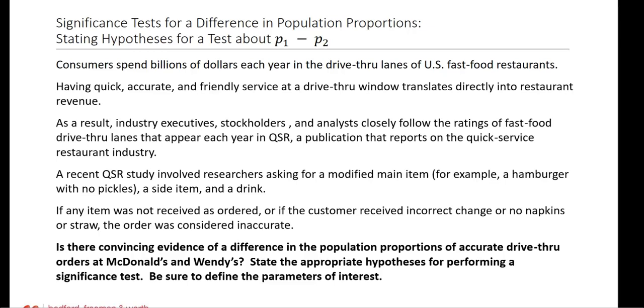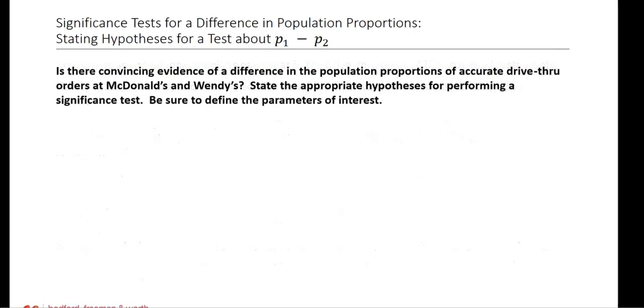So the question we might be getting to with a question like this is, is there convincing evidence of a difference in the proportions of accurate orders at Wendy's or McDonald's? So what would the appropriate hypothesis be? Well, the null, we know, and I would call them meaningful names, like P sub M and P sub W. Either one minus the other one is 0, or they're equal to each other.